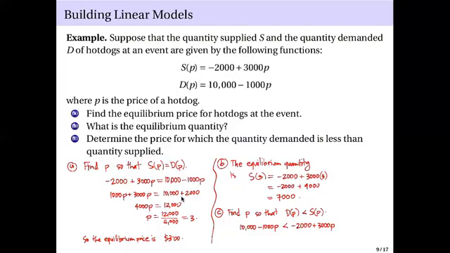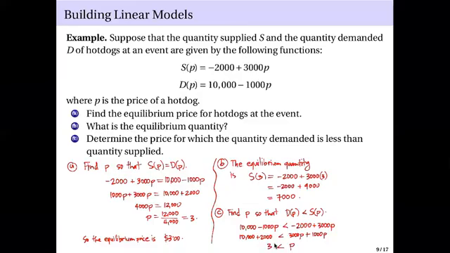Okay? So we will have 10,000 plus 2,000. This is less than 3,000 P plus 1,000 P. And eventually, if you continue to solve this, you will get P greater than 3.